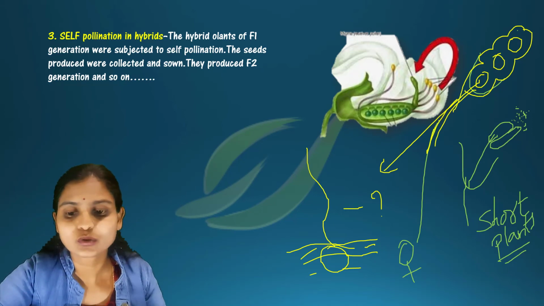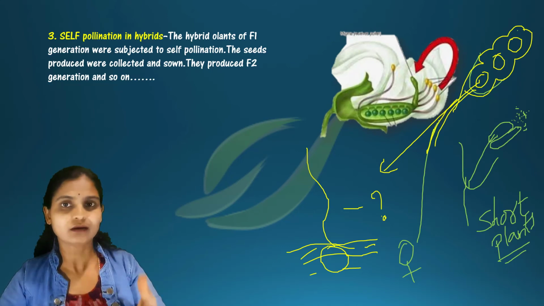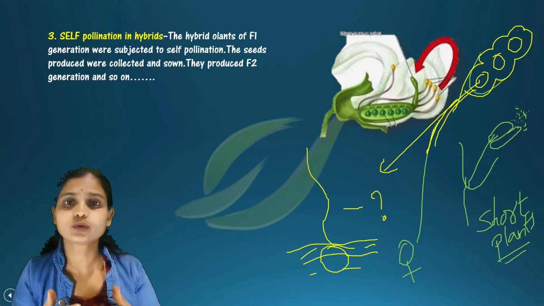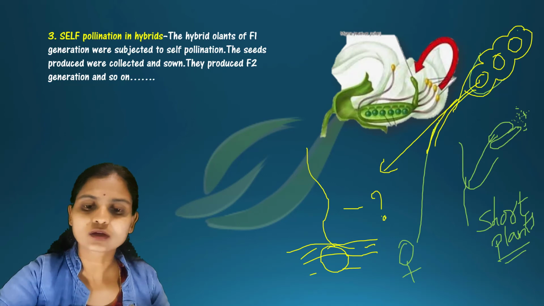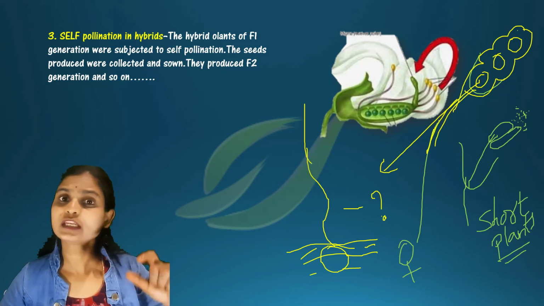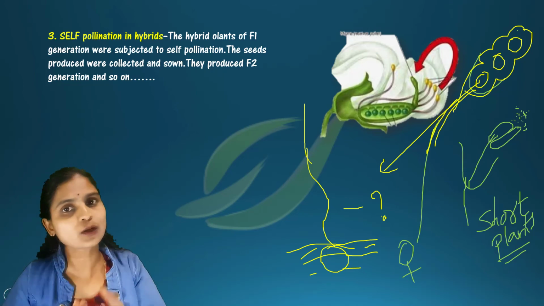What is the result of this? After getting a result, he wanted to do self-pollination again and again. Imagine he got a tall plant. In his mind there was a question: what happened to the genes of the short plant?